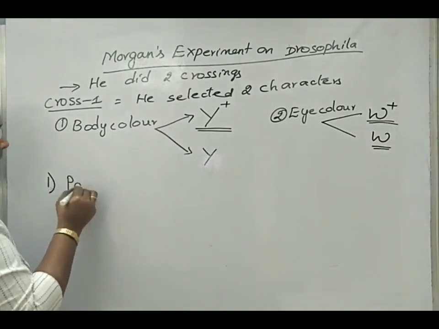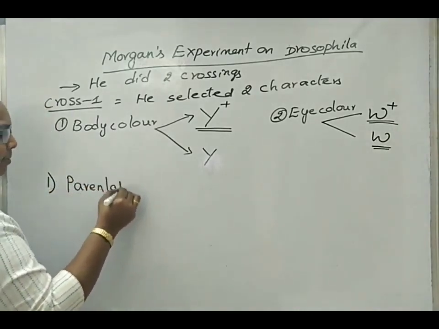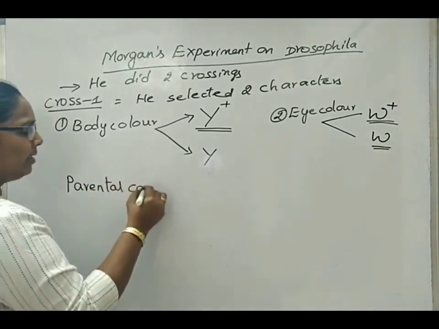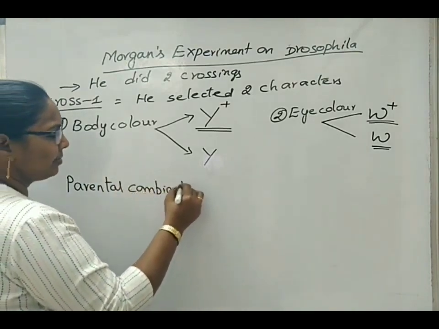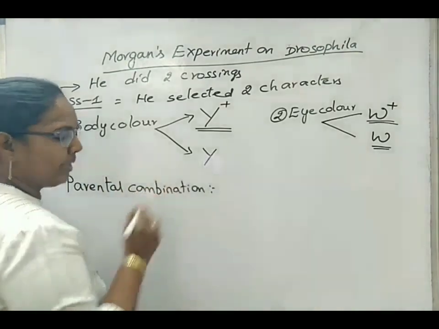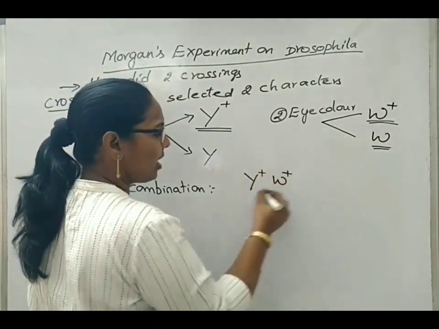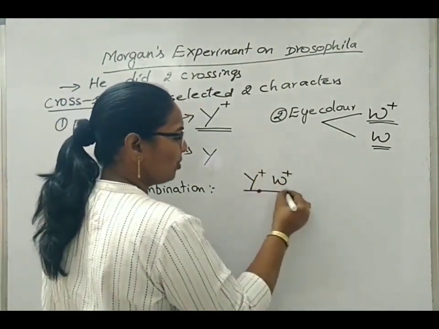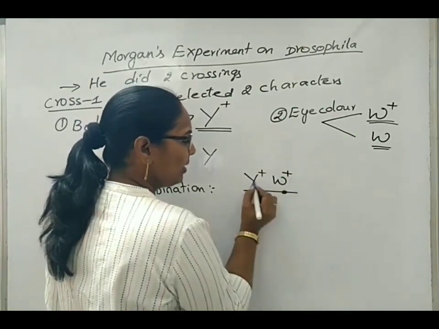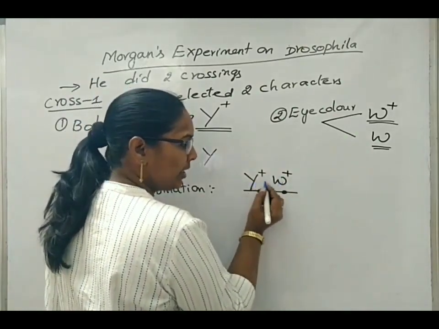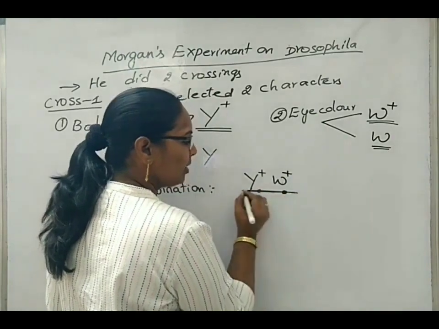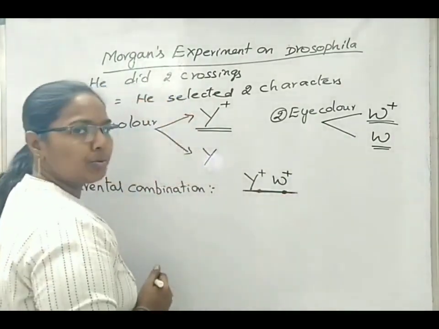So here, the parental combinations taken initially are, we know that linked genes are present on one chromosome. This part indicates two different types of alleles but on the same chromosome. This line we are indicating as chromosome.